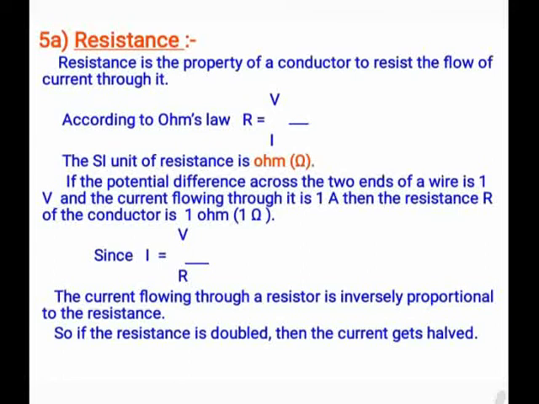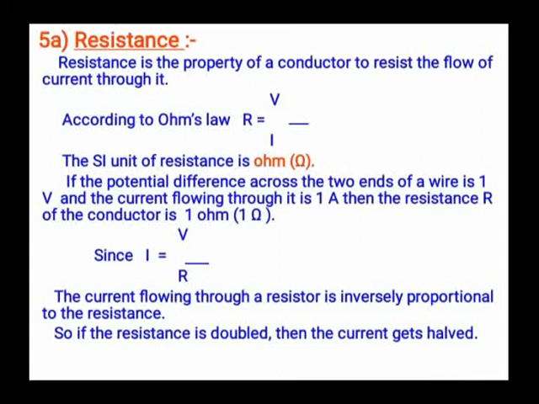If the potential difference across the two ends of a wire is 1 volt and the current flowing through it is 1 ampere, then the resistance R of the conductor is 1 ohm. Since I = V/R, the current flowing through a resistor is inversely proportional to the resistance. So, if the resistance is doubled, then the current becomes half.